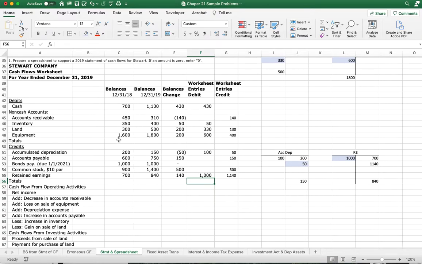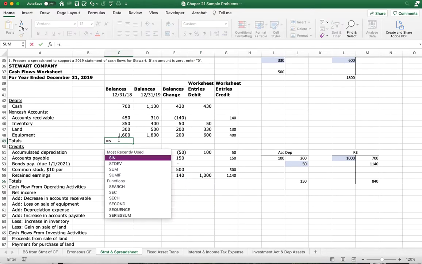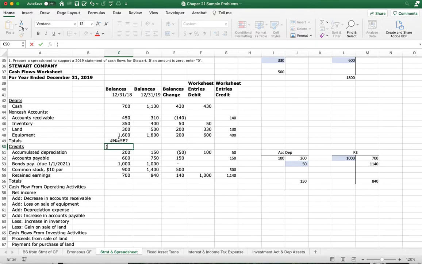And, I forgot to do totals here, so let's do that really quickly. And then we'll do a total here as well.